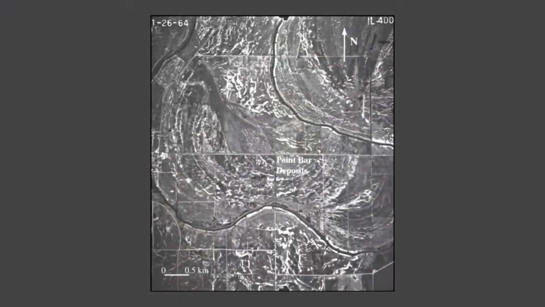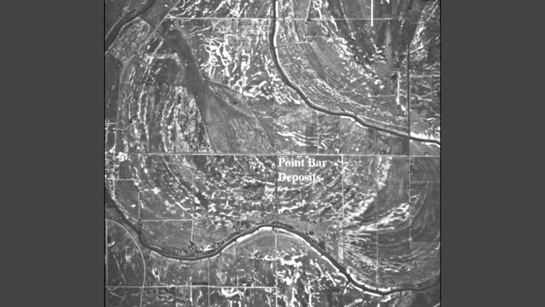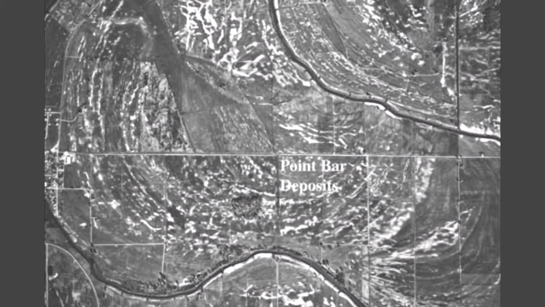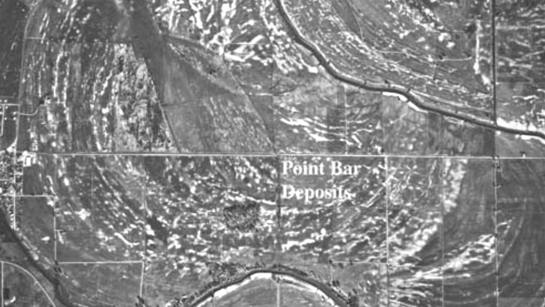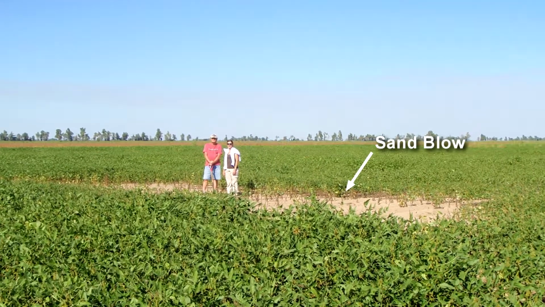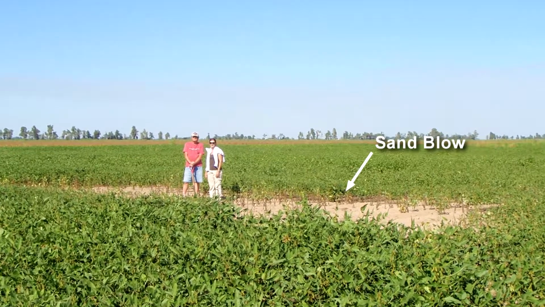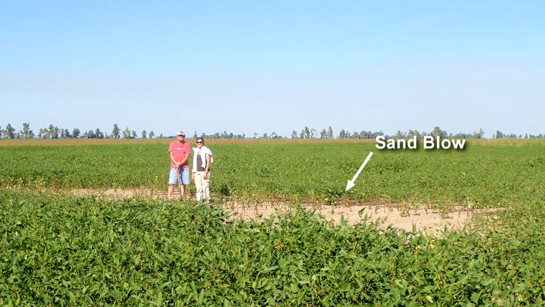And in addition to that, we would look at aerial photographs or satellite images to look for a signature of light-colored patches in places where you wouldn't expect them, such as floodplains, which are often covered with flood deposits, overbank deposits of silty and clay material. So they tend to be dark. But sand blows, which is sand brought up from below and deposited on the floodplains, form these light-colored elliptical patches.